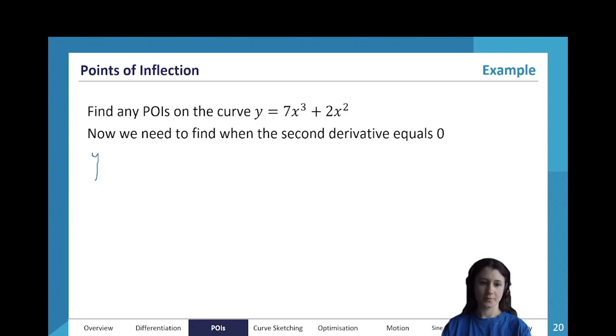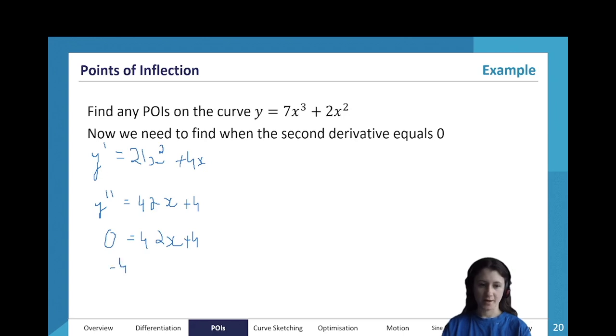So, our first derivative is going to be 21x squared plus 4x. Our second derivative is going to be 42x plus 4. Alright, now we need to find when the second derivative equals 0, so we're going to go 0 equals 42x plus 4.